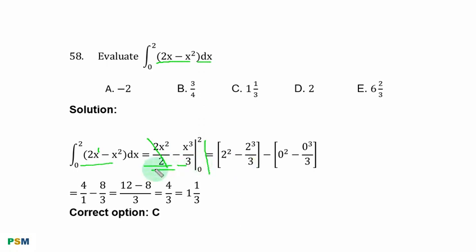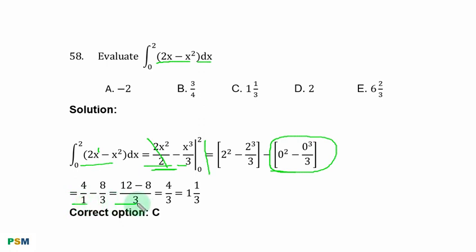You write the result again and replace s with 0. Here becomes 0. 2 squared is 4 minus 8 over 3.